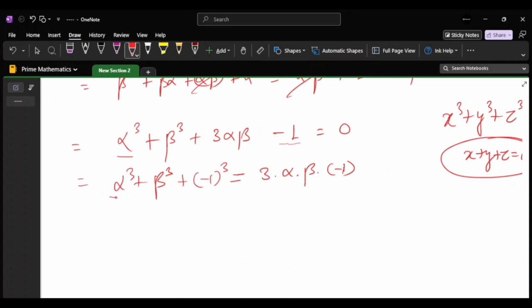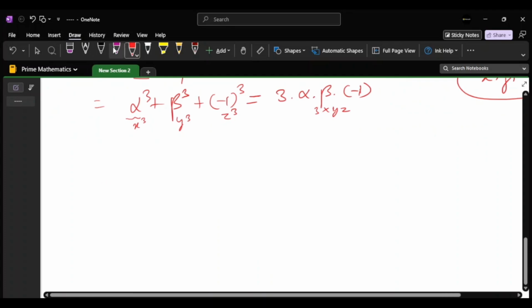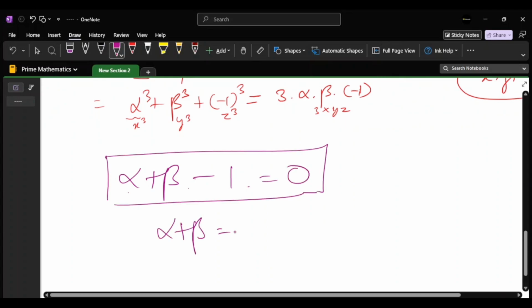Clearly this is your x cube, this is your y cube, this is your z cube, this is 3xyz, so it follows the algebraic identity. Then one can say alpha plus beta minus 1, meaning x plus y plus z, is 0. So alpha plus beta is equal to 1.